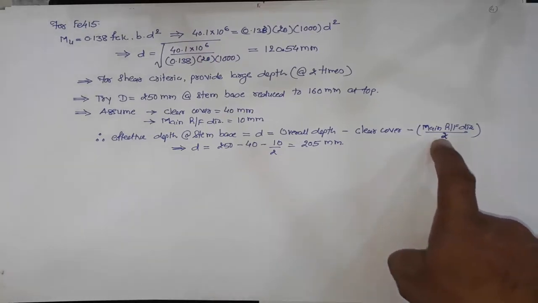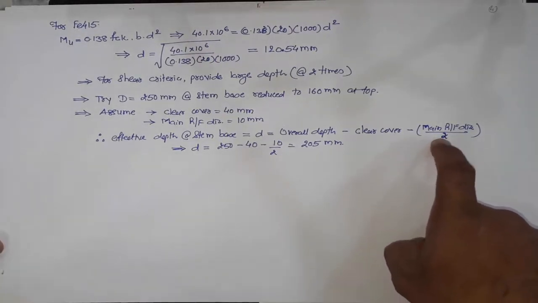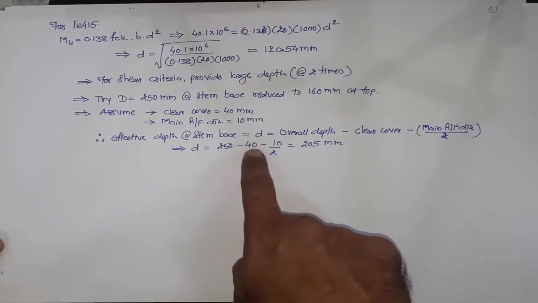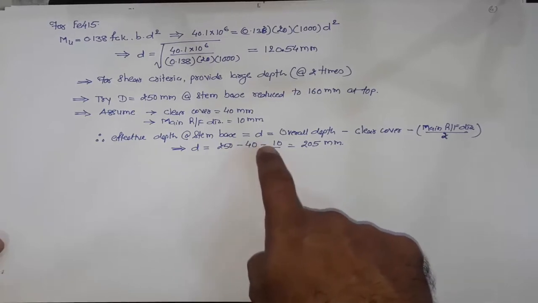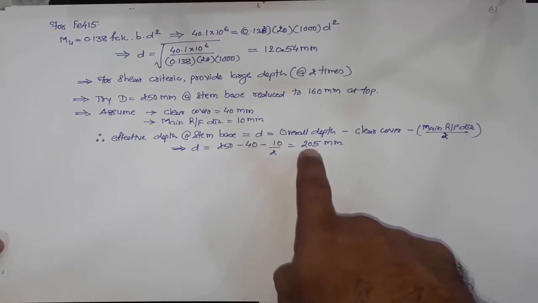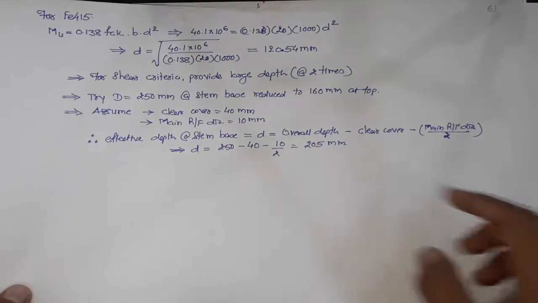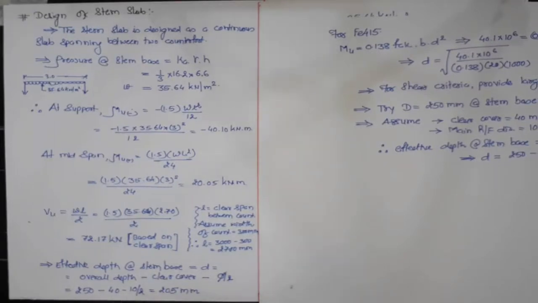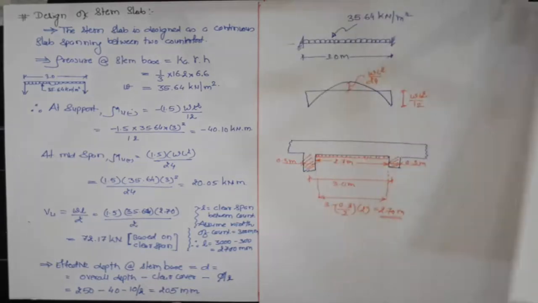Here we have assumed 10 mm as our main reinforcement diameter. Therefore, d will be equal to 250 minus clear cover, that is 40, minus half the diameter, that is 10 by 2, comes out to be 205 mm. This I have summarized here also. That is 250 minus 40 minus 10 by 2, that comes out to be 205 mm.